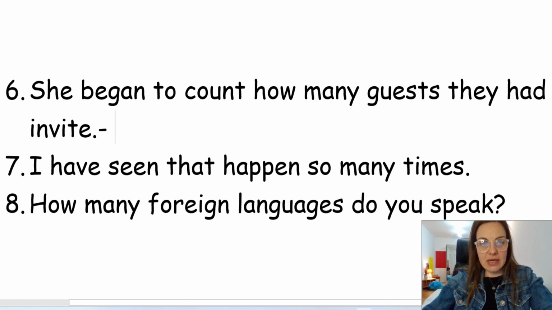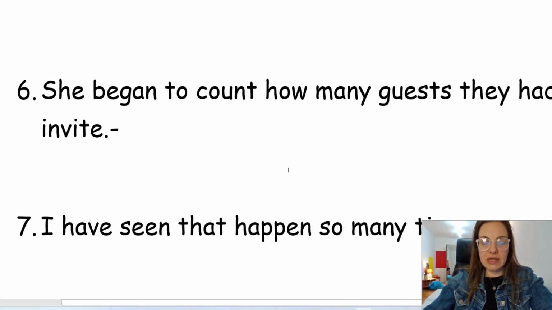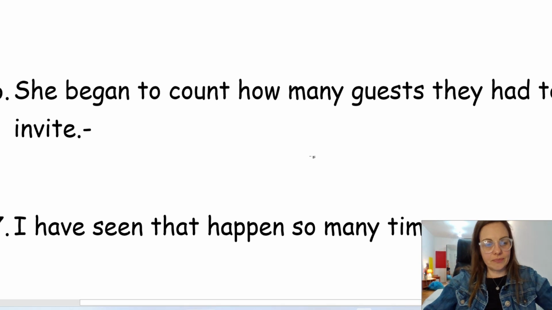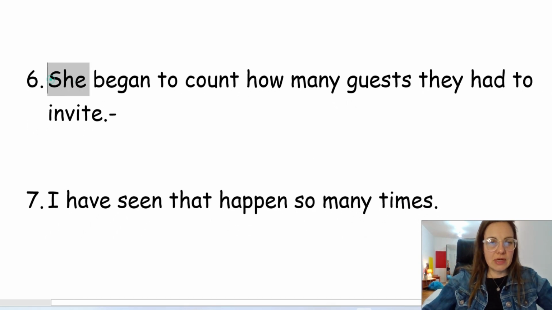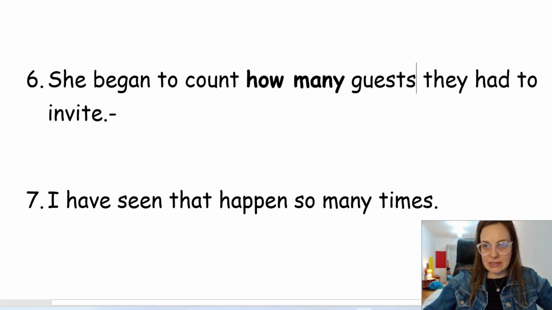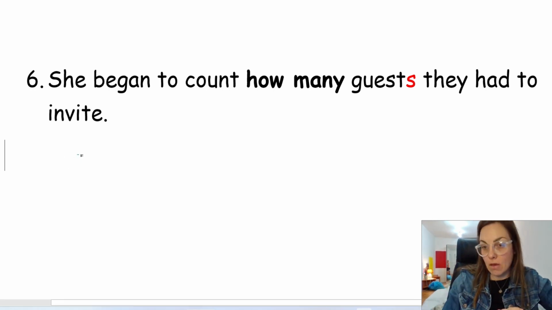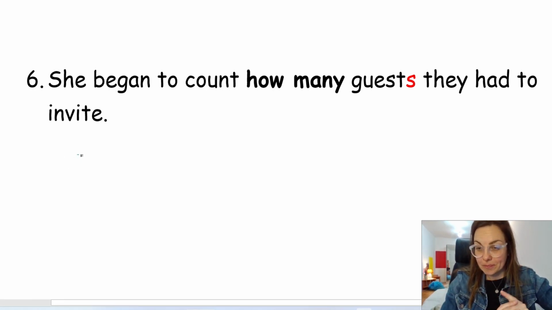She began to count how many guests they had to invite. For example, they were having a party or maybe a wedding or something like that, and they wanted to invite some guests.